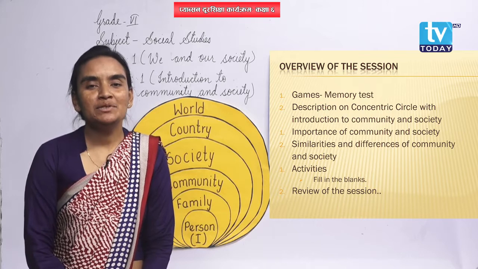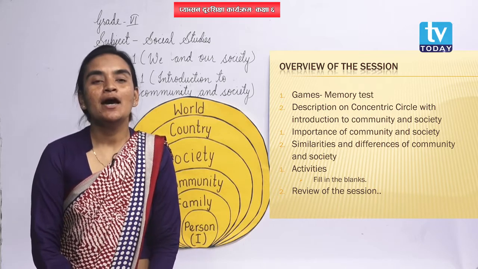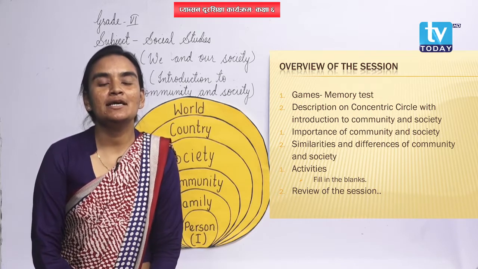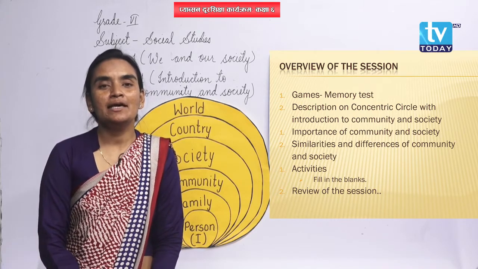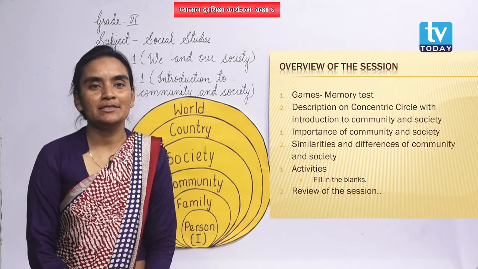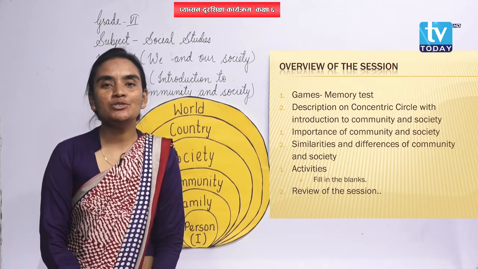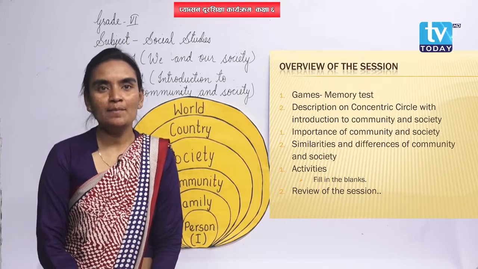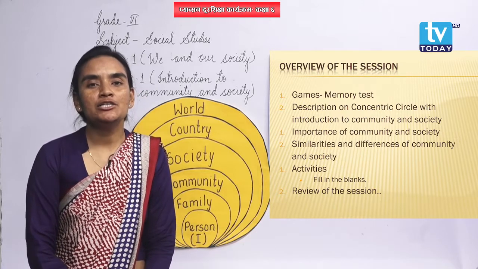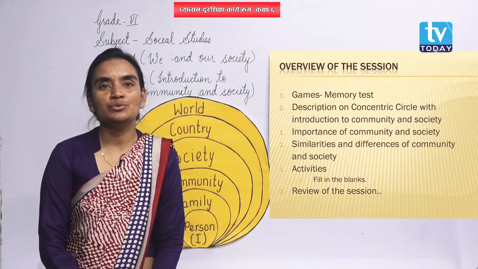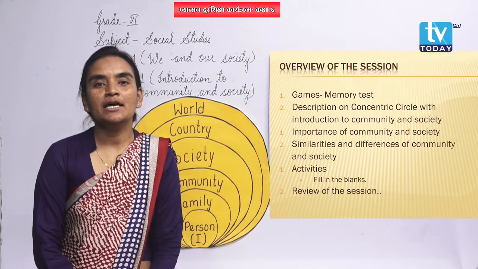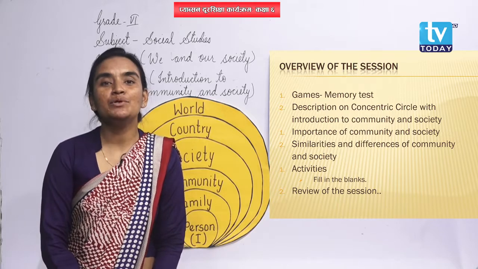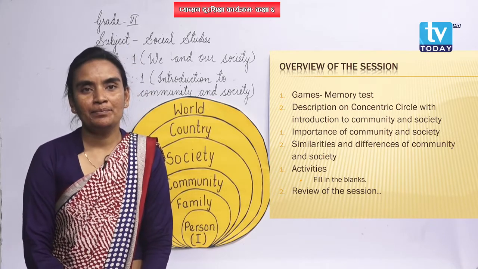Why community and society are important to us and what the interrelated matters in community and society are, that also we will try to learn according to the concentric circle. Besides that, we will focus on the introduction as well as the similarities and differences of community and society.